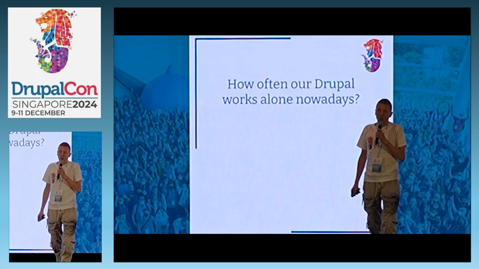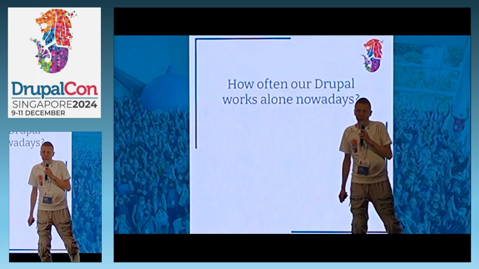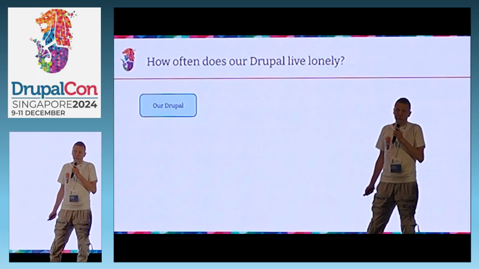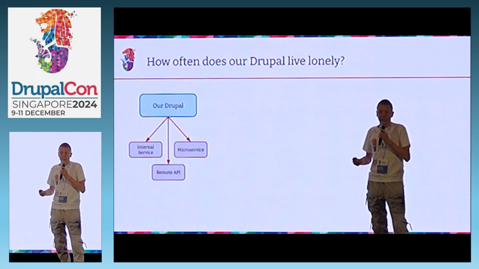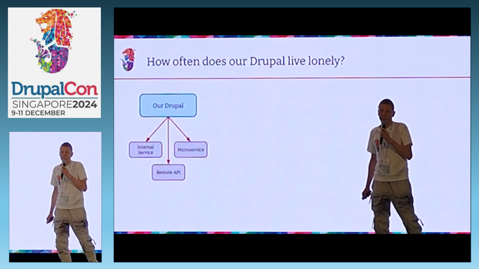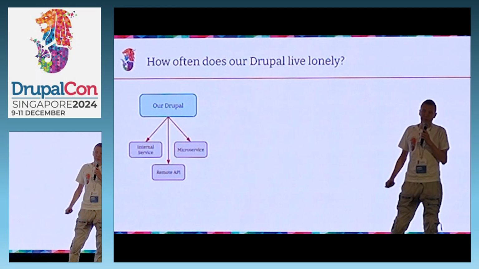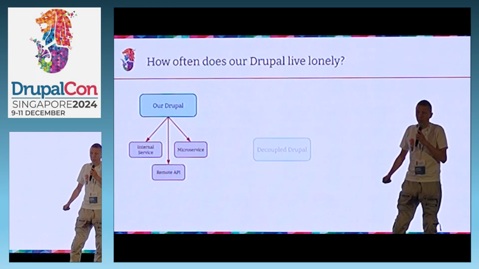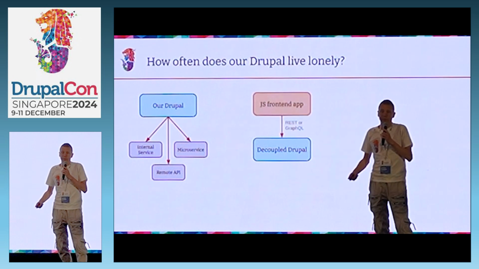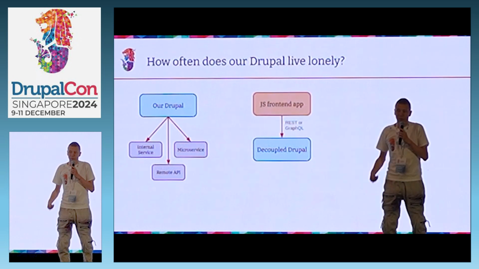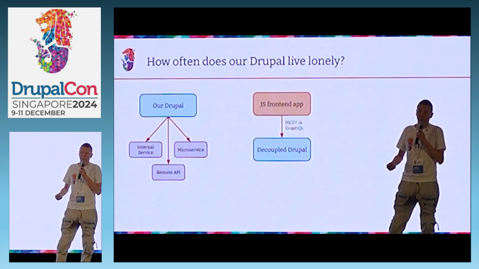And now let's remember how often our Drupal works alone nowadays. So usually we have our Drupal installation, and it works with some internal services, microservices, makes remote API calls, so it's not alone. And a pretty popular case is decoupled Drupal, where we have a JavaScript frontend application that talks with Drupal using REST or GraphQL API.